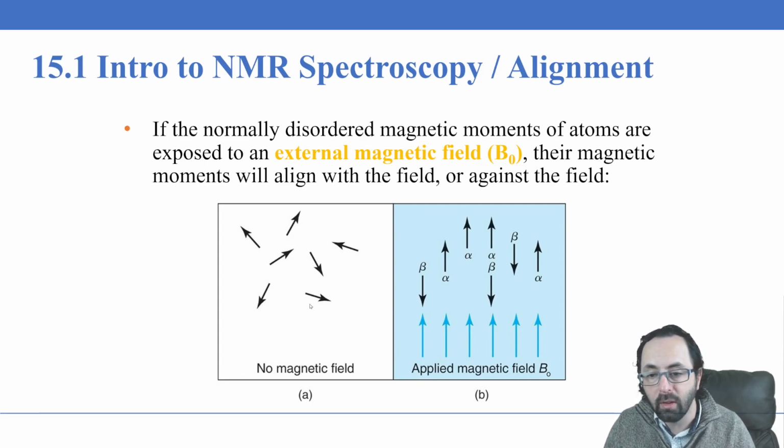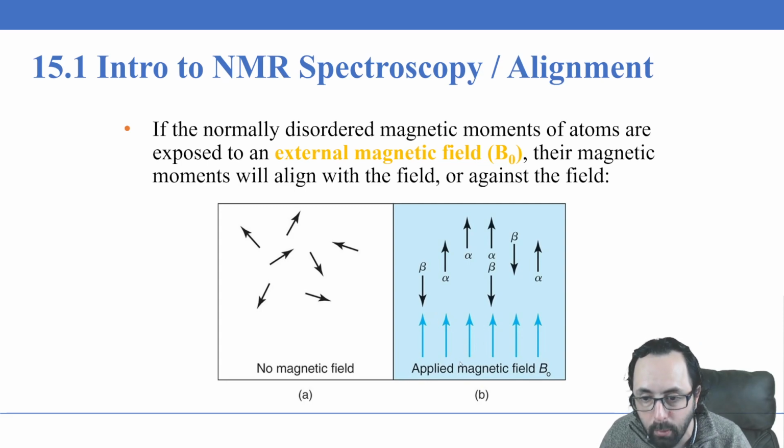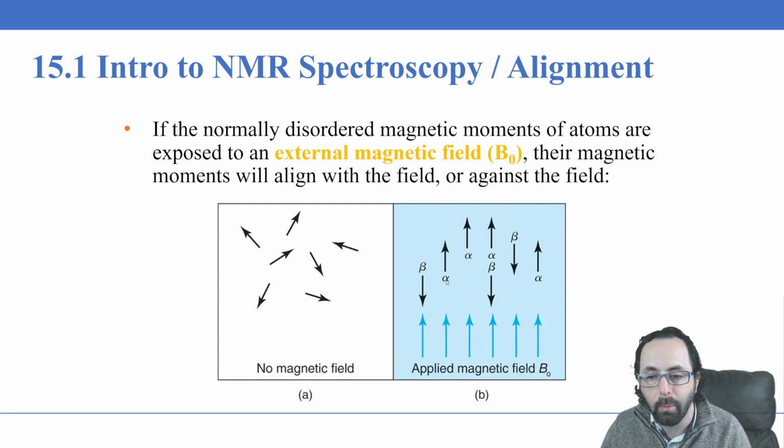However, if you expose these nuclei with odd numbers of neutrons and or protons to an external magnetic field, you will get situations where you have a magnetic field aligned with the external magnetic field or opposed to the external magnetic field. We call those that are aligned alpha, and we call those that are opposed beta.